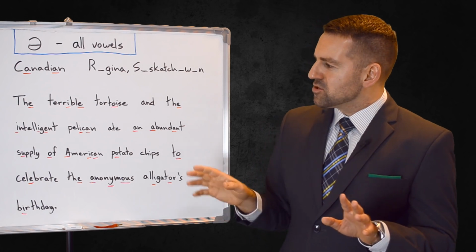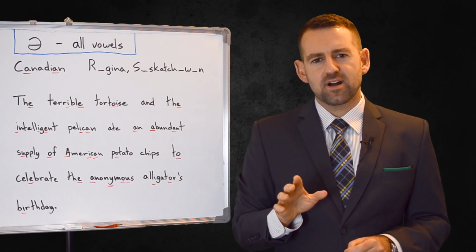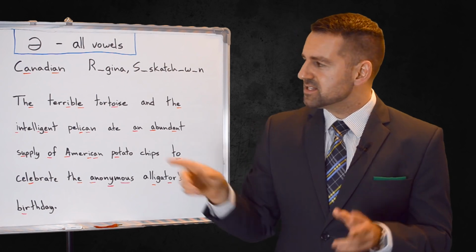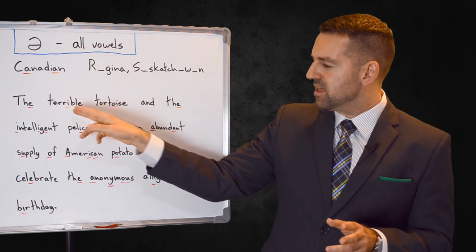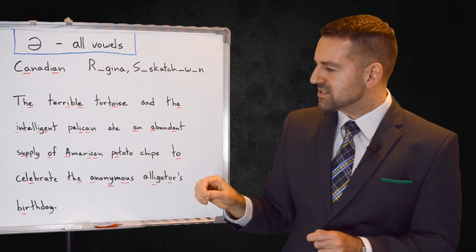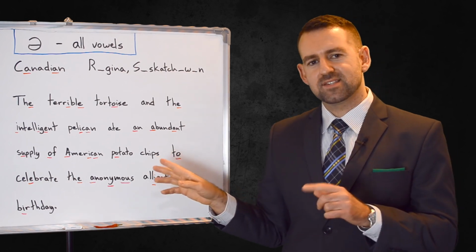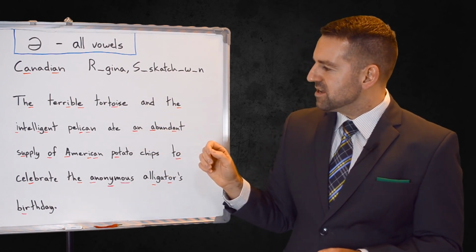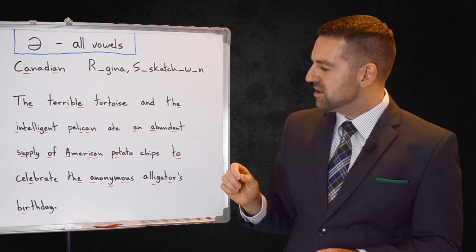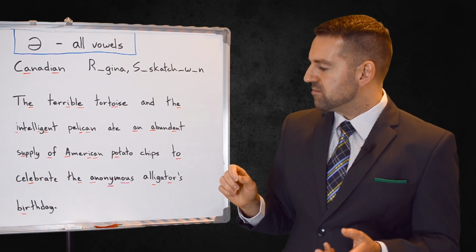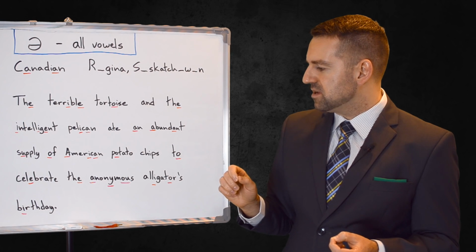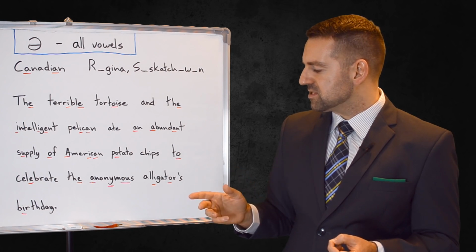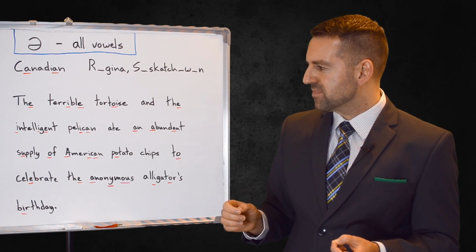So to show you how frequently this sound is used, I've written this sentence. All right. So let's read this sentence together. The terrible tortoise and the intelligent pelican ate an abundant supply of American potato chips to celebrate the anonymous alligator's birthday.